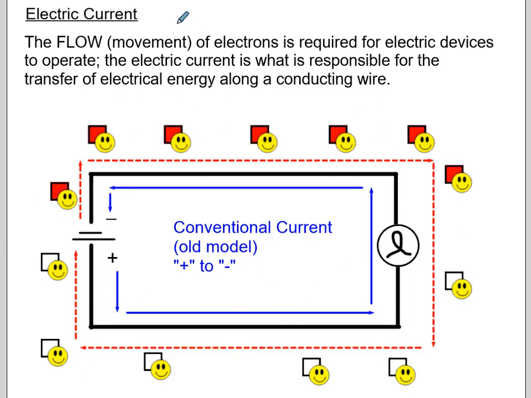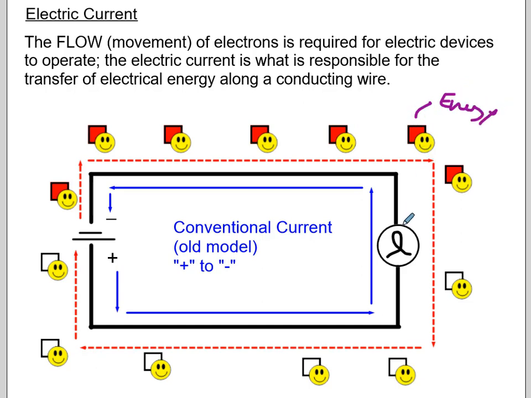Okay, so when we talk about electric current, the flow or movement of electrons is required for devices to operate. I have this very simplified picture, and you can see I have little happy electrons traveling around the outside. You can see these little red boxes that they're carrying. They're in their backpacks here. So in their backpacks, they carry energy.